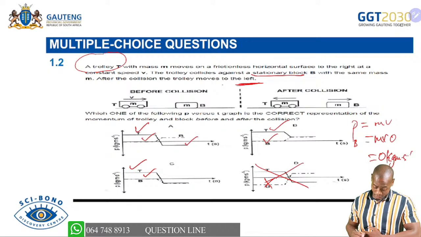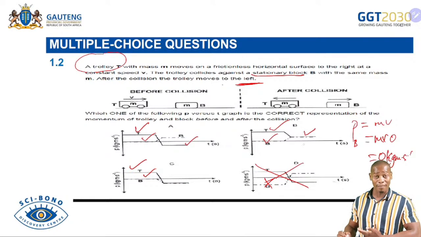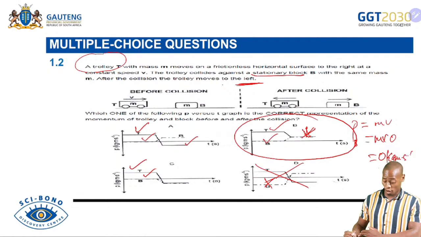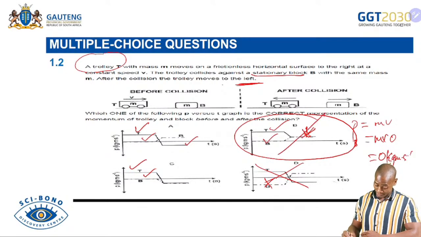The final momentum of the trolley is acting to the left for option A. But for option B, it is still to the right. Can you see it's above the horizontal axis? So this will be incorrect. Option B is out.